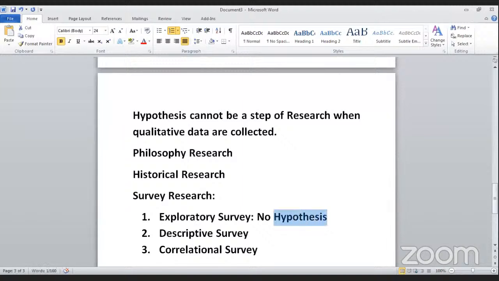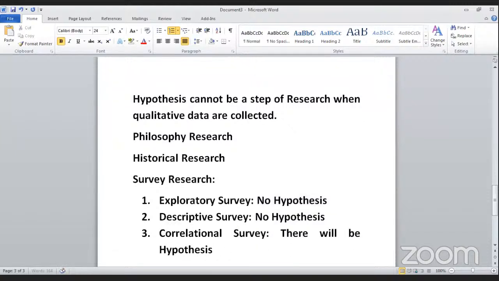No hypothesis you will be having as far as the descriptive is concerned. But as far as correlation is concerned, there will be a hypothesis in the correlational survey.